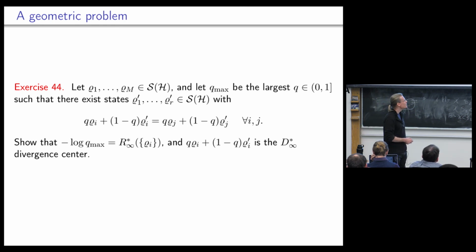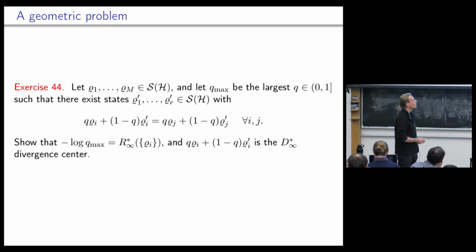So all these infinity divergence, radii, and center are connected to the following geometric problem. And no, you cannot escape. I will explain it. So we have a set of states. And what we want to find is another set of states such that every state has a pair, a rho i prime, with the property that taking convex combinations of the original state and the pair with a certain weight q gives the same state in between, independent of the index i.